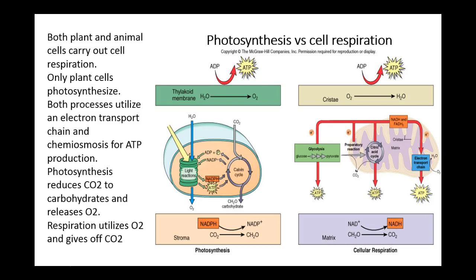In photosynthesis, this happens in the stroma, cellular respiration in the matrix. At the bottom of that image, you have CO2 being turned into CH2O, and then in cellular respiration, that same CH2O that was just made in photosynthesis can turn into CO2. And you see the way these two processes rely on each other.